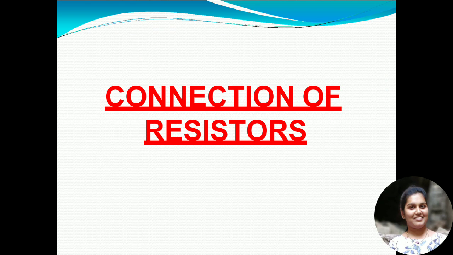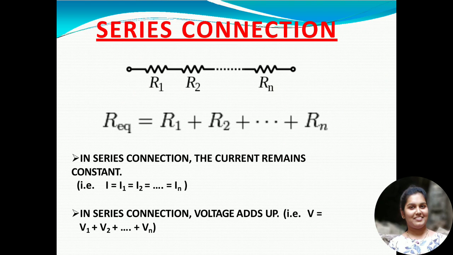Knowing these points, we should also know how to connect these resistors in any electrical or electronic circuit. Coming to the connections of resistors, there are two basic connections. Knowing the connections of resistors is important, because when you connect resistors in one fashion, the value may increase, and when you connect them in another fashion, the value may decrease.